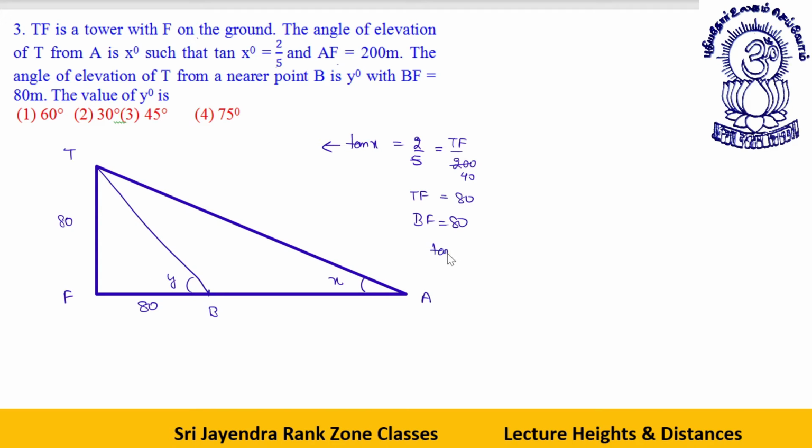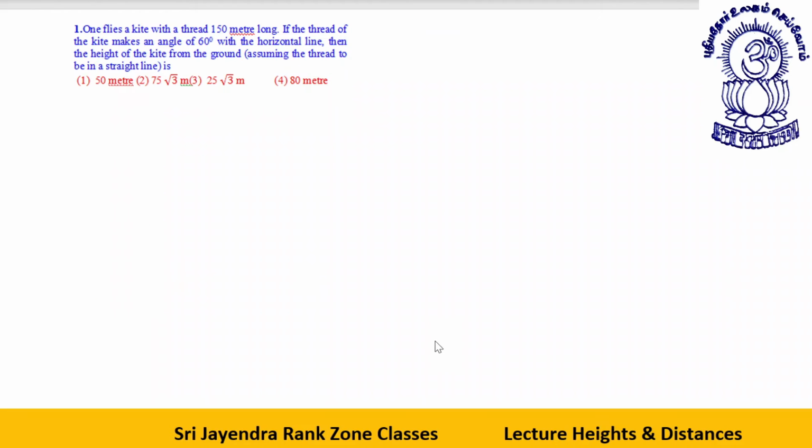What is tan y? Tan y is TF upon BF is equal to 80 by 80 is equal to 1. This implies tan y is equal to 1. 1 means tan 45 degree, or y is equal to 45 degree, and this is the answer, my dear students. Let's take the next one.